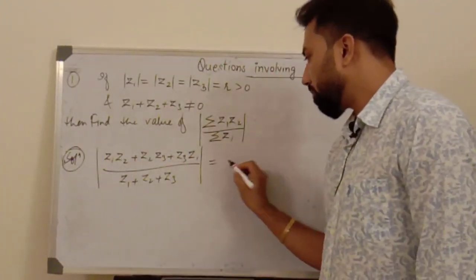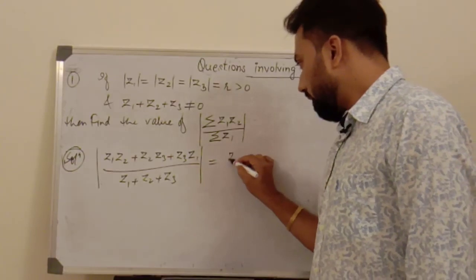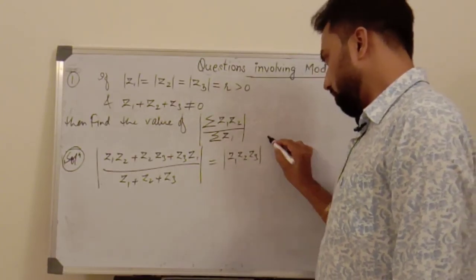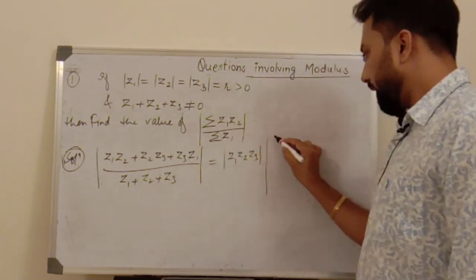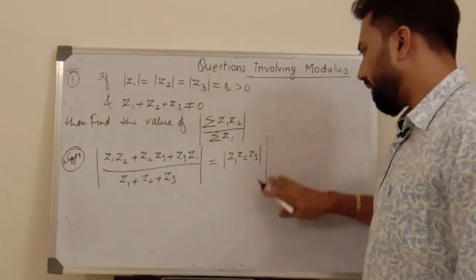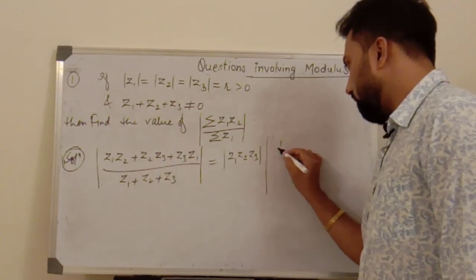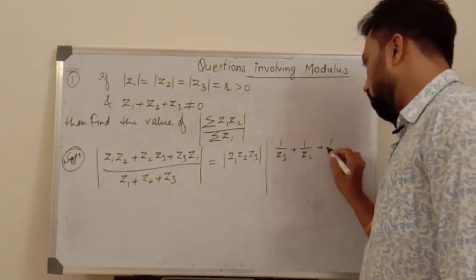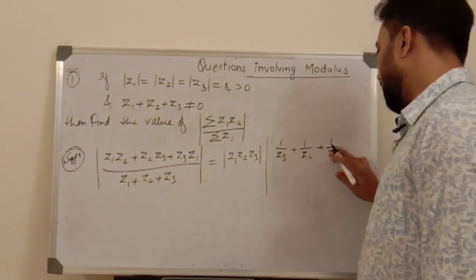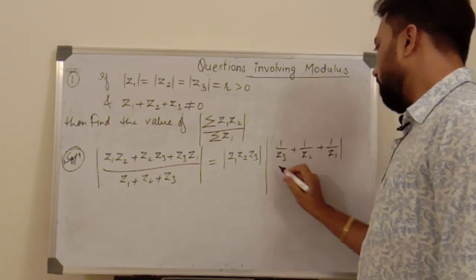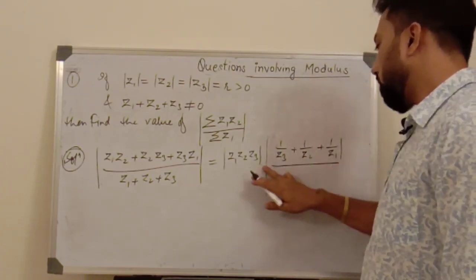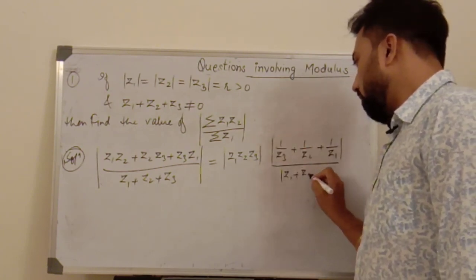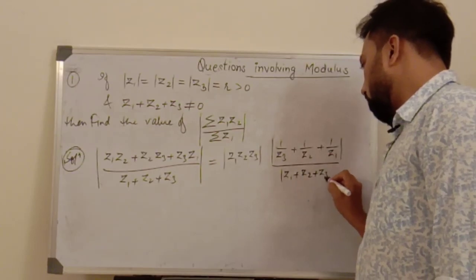So this will become z1 z2 z3 modulus outside, then we'll be getting 1 by z3 plus 1 upon z2 plus 1 upon z1, upon modulus of z1 plus z2 plus z3.